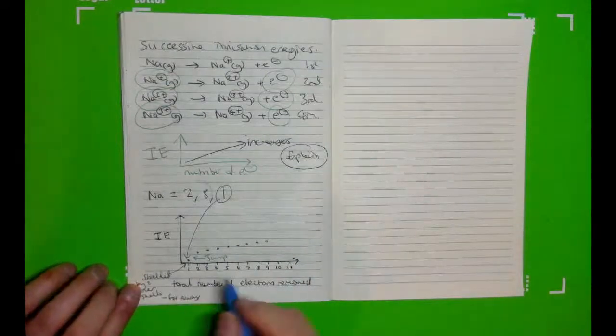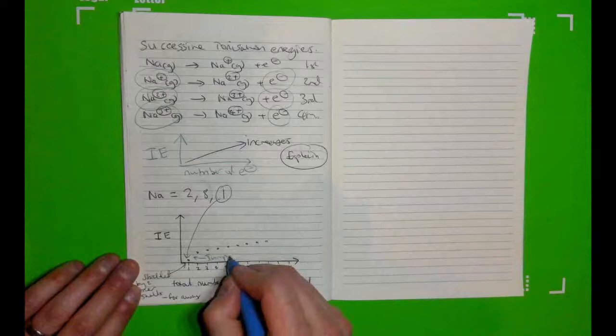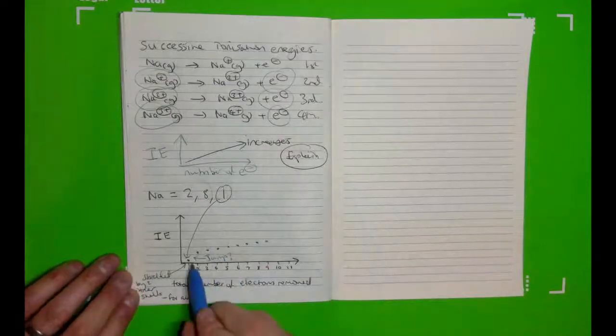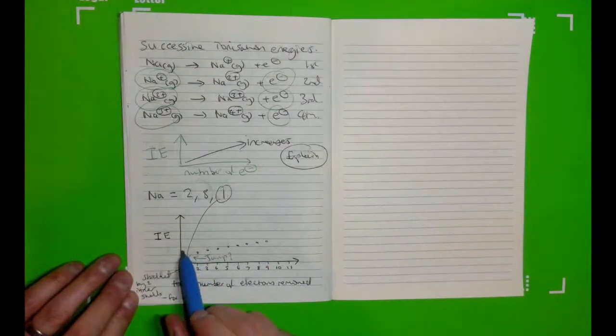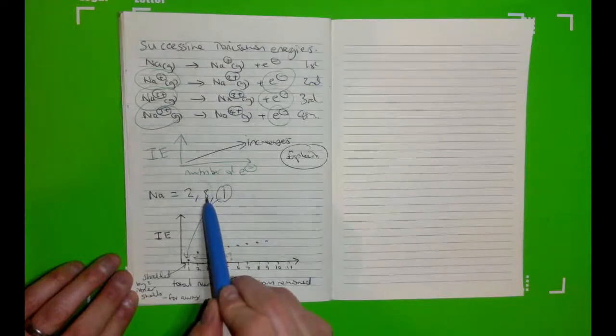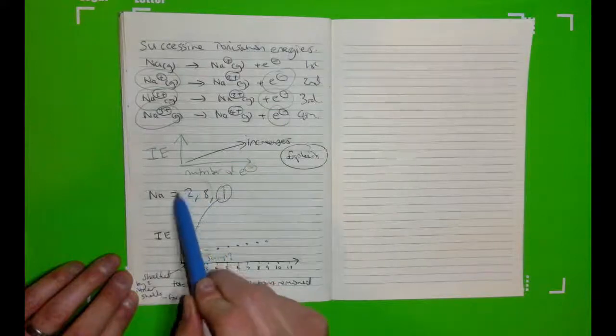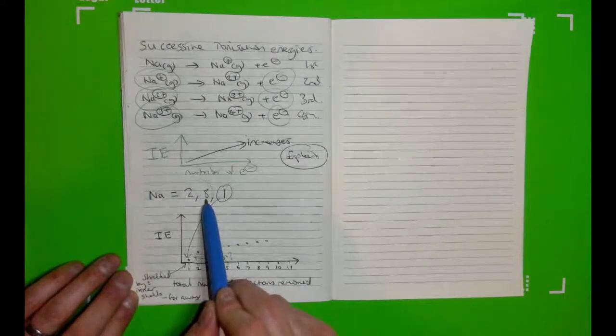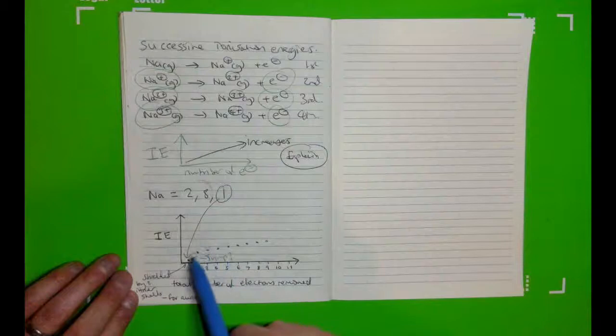You need to describe the jump in your notes. So there's a jump there, and that is because we are now removing this electron here from a new shell. This new shell is only shielded by one inner shell, and it's much closer to the nucleus compared to this electron that you're trying to remove here.